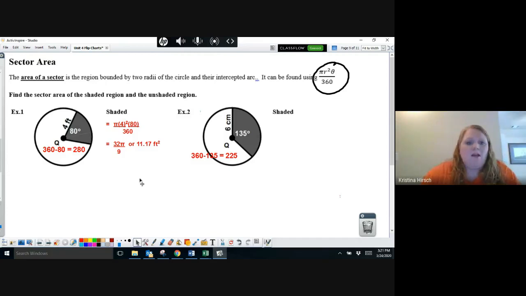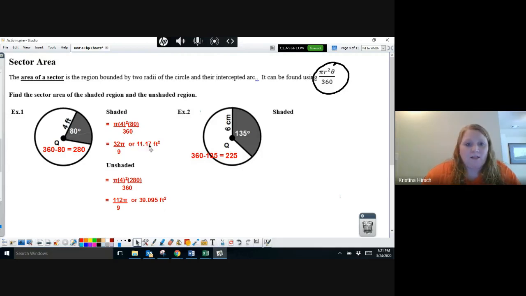Now for the unshaded portion, instead of 80, we're going to use the 280. The formula is the same, we're just using the other degree. And then you get 112 pi over 9, or 39.095 square feet. Now think about these measurements.